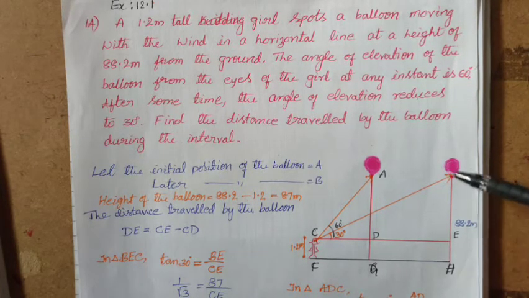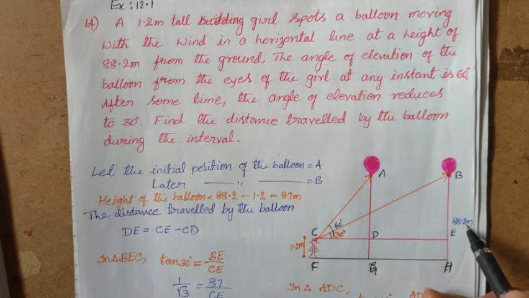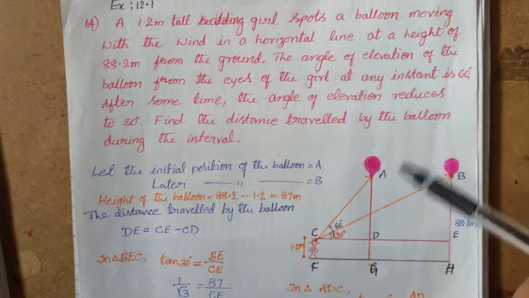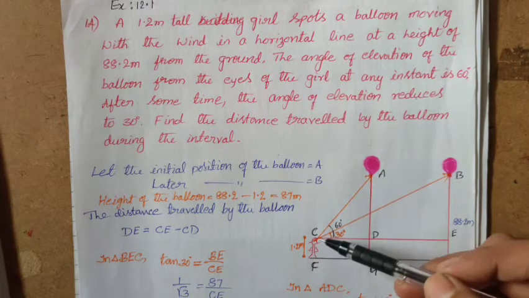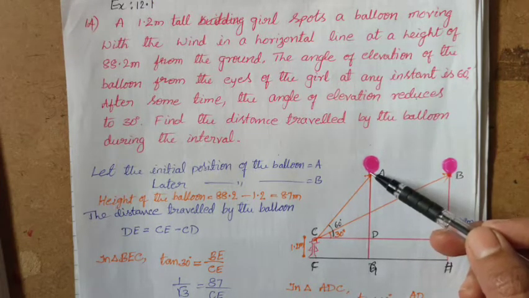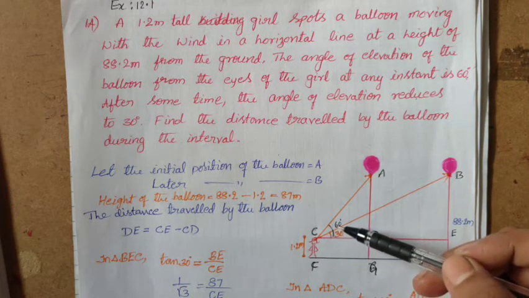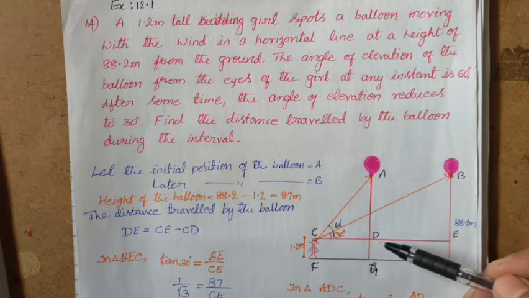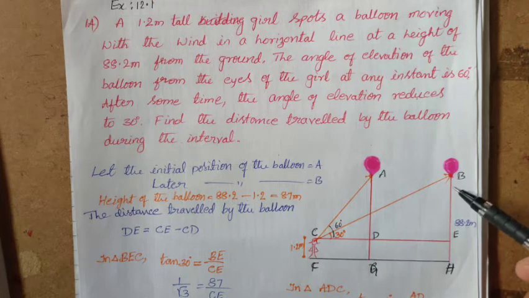The height of the balloon from the ground level will be 88.2 meter. The angle of elevation of the balloon from the eyes of the girl at any instant is 60 degree. After some time, the angle of elevation reduces to 30 degree.